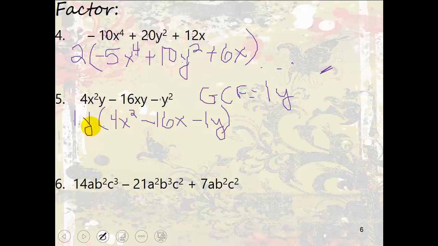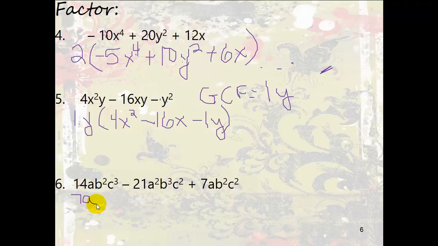Number 6, we're looking at 7 going evenly into 14 and 21. That is the case. So 7 is my greatest common coefficient. Does each of my terms have a variable a? Yes. So I take it out to the lowest appearing exponent, which is understood to be 1.